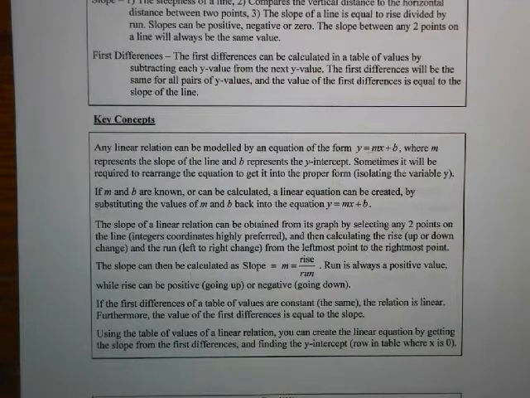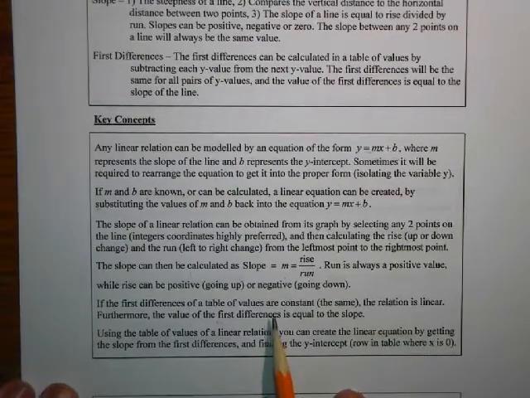Now, if the first differences in a table of values are constant, and we saw that last lesson, we found that it was a linear relation. That value is actually the slope. So we're going to use that fact when we see a table of values and we calculate the first differences. That's not only used to determine whether the relation is linear or not, but if it is linear, that constant change will also be the slope.